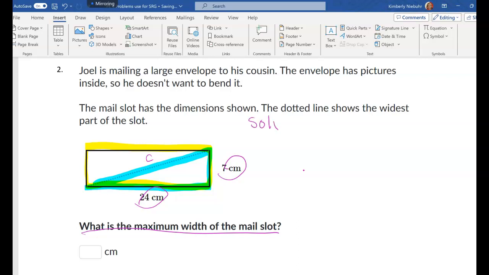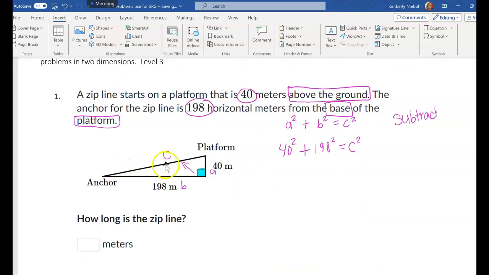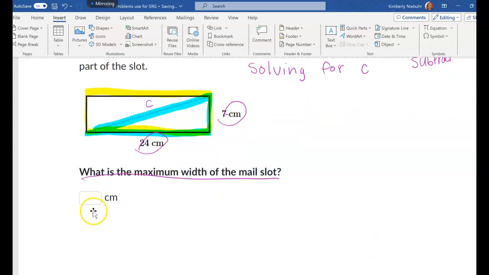Solving for C. We were solving for C here as well, weren't we? And what did we need to do? We needed to subtract. Okay, put your answer here.